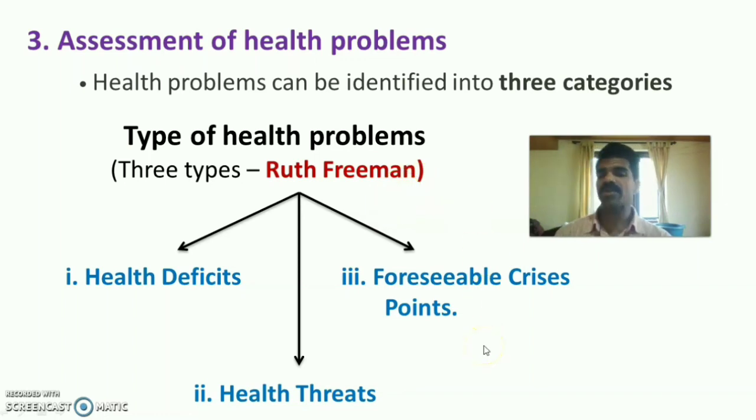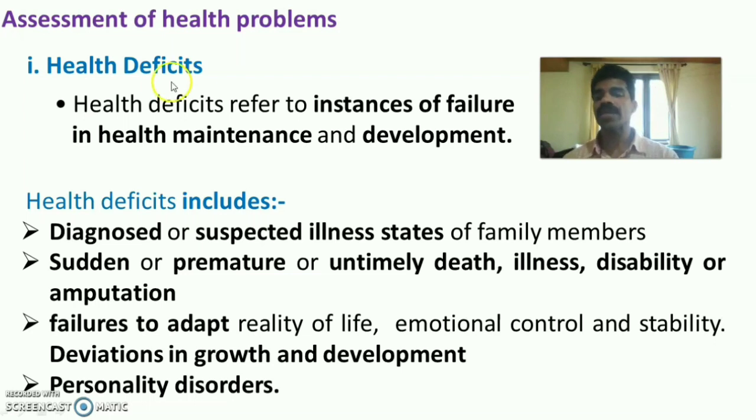Let us explain in short about these 3 categories of health problems. The first type of health problem is health deficits. Health deficits refers to instances of failure of health maintenance or health development by the family members. When the family members fail in health maintenance and health development, that may lead to health deficits, which includes a diagnosed health problem of the family members, or a suspected illness state.